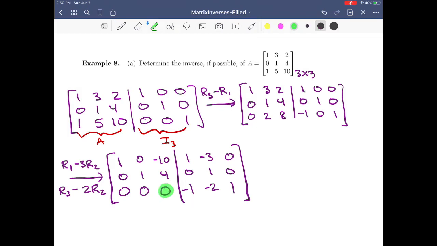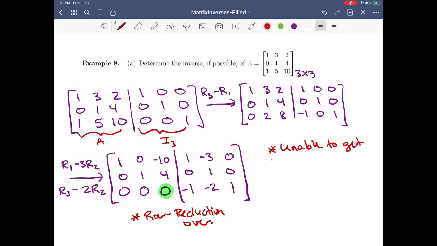My next step would be to pivot around this 0. Now I can't pivot here, and I can't switch. This is where the row reduction would stop. Notice that we were unable to get I3 on the left.